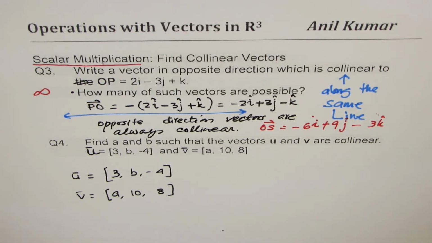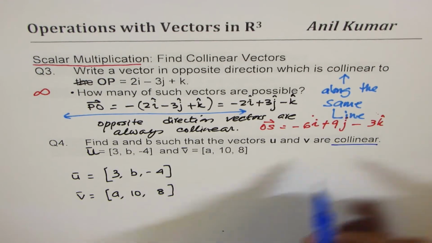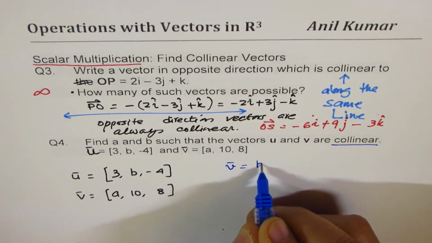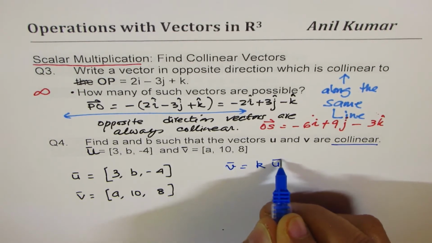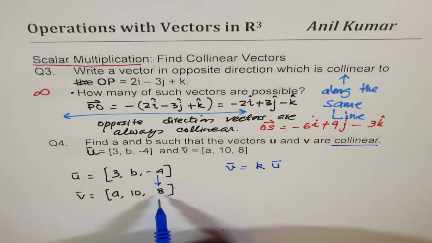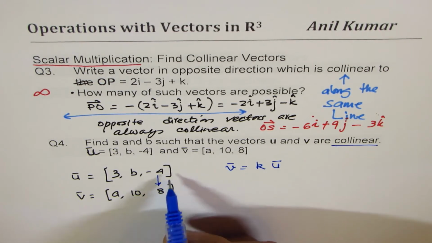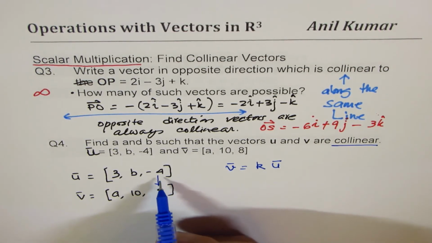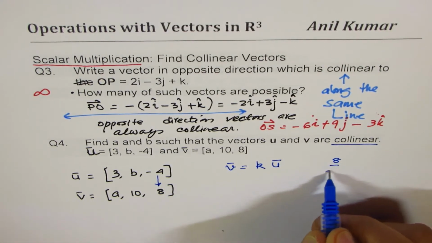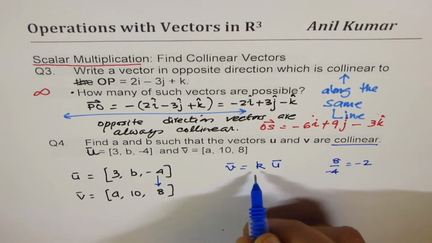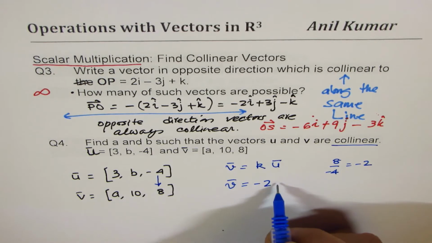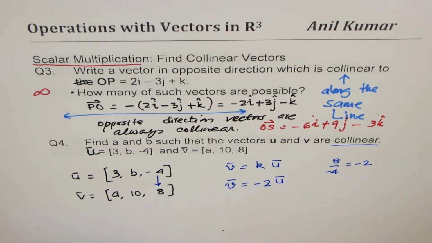When we say that these vectors are collinear, we are trying to say that vector v is some constant times vector u. Now here you can see that these two numbers are in a ratio, right? And the constant seems to be minus 2, right? We know 8 divided by minus 4 is minus 2. So in this case, vector v is minus 2 times vector u.